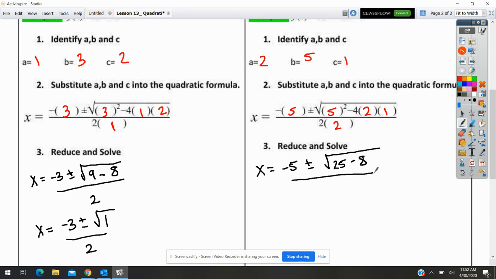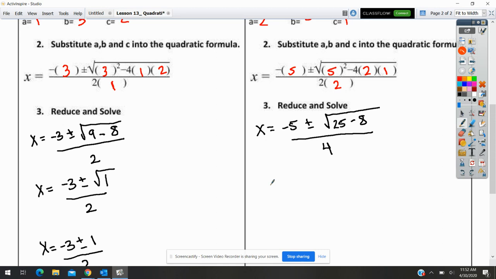And that is all divided by 2 times 2, which is 4. Next, we're going to keep reducing what's underneath the square root sign. So we have 25 minus 8 under the square root sign, which is 17, and that is all divided by 4.